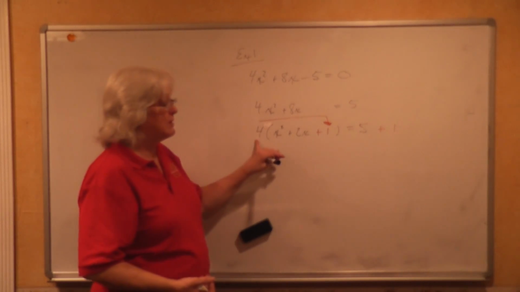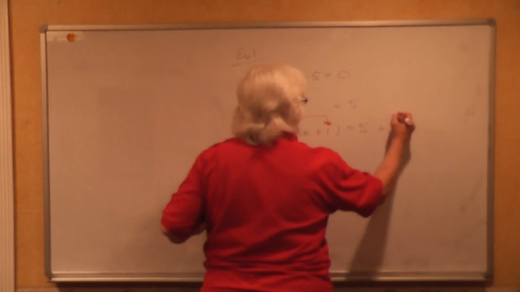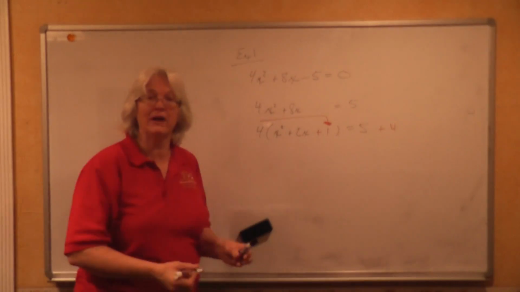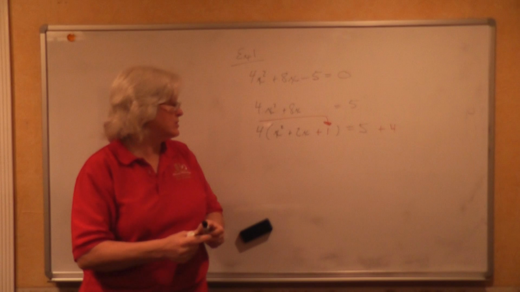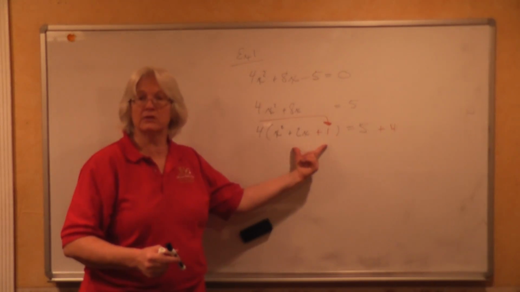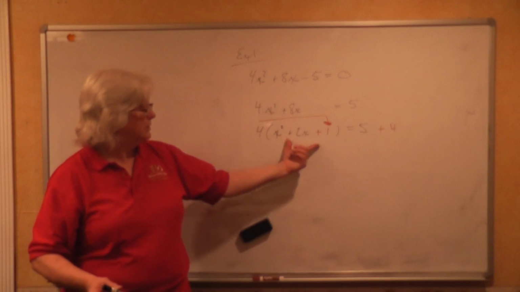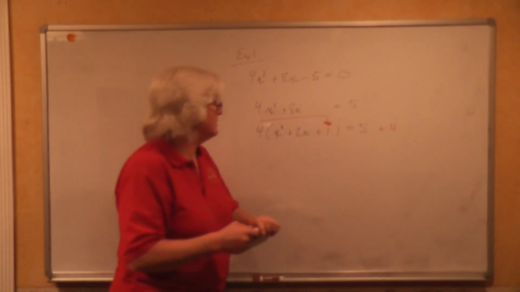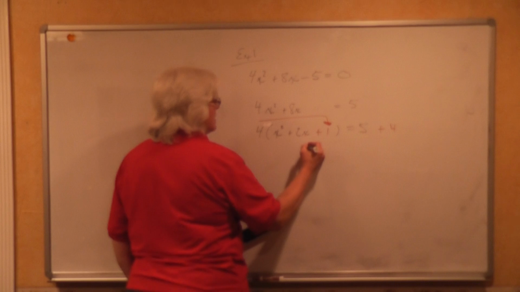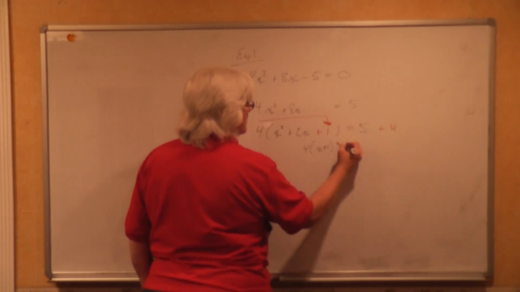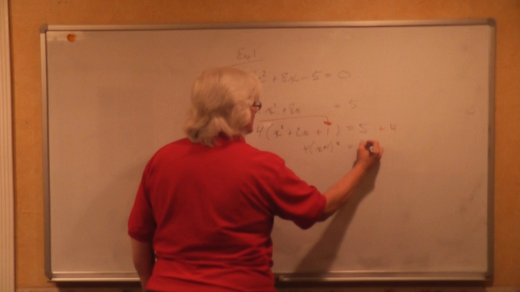However, it's multiplied by 4, so we actually need to add 4 to the right-hand side of the equation, because that's what we actually added here. It just might not look like it to us. Now, we have a perfect square trinomial in the parentheses, and this becomes 4 times the quantity x plus 1 squared is equal to 9.